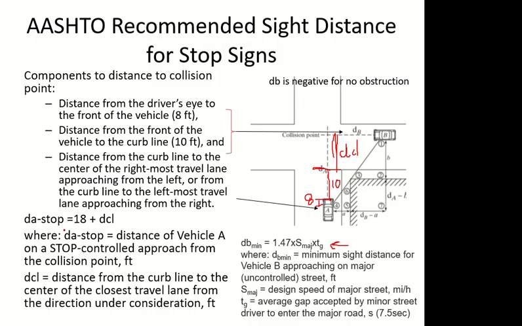So you will use dA from here, take dB from the ratio actual, and then you will check if it is up to minimum or not. Okay, so dB is the through road, the road which doesn't have the stop sign. dA is for the road which has a stop sign.